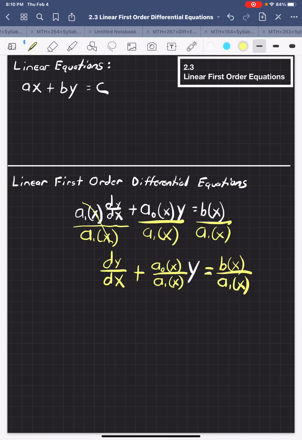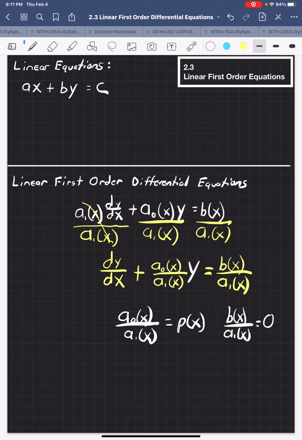So henceforward, a sub 0 of x divided by a sub 1 of x, we're just going to call that p of x. Make things nice and simple. And then henceforward, b of x divided by a sub 1 of x, we're going to call that q of x.